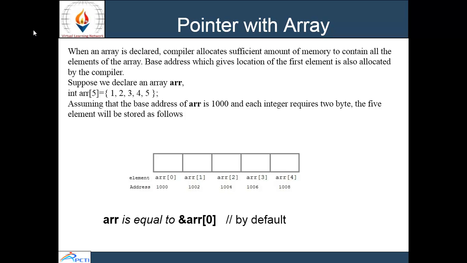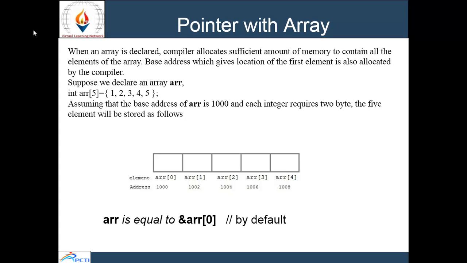For example, I am declaring an array int ar[5]. Here array is of integer type, ar is the name of the array, 5 is the size, and the values assigned to the array are 1, 2, 3, 4, 5. Let us assume the base address of ar is 1000.